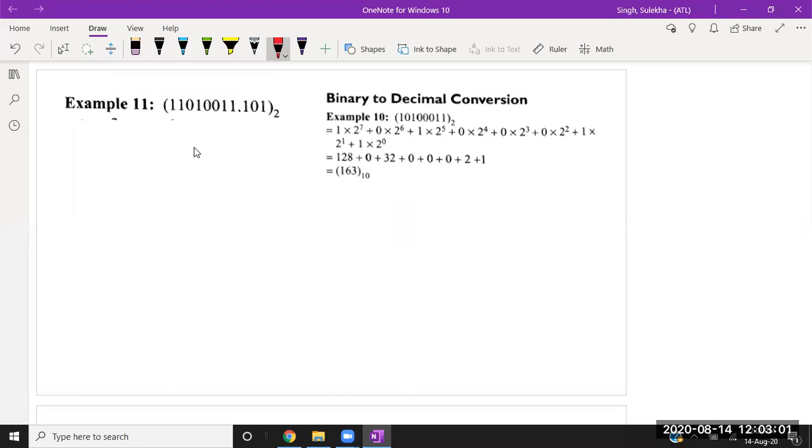Akash, Shivangi, Shonal, Pranav, correct answer. So do you need the solution of this one?